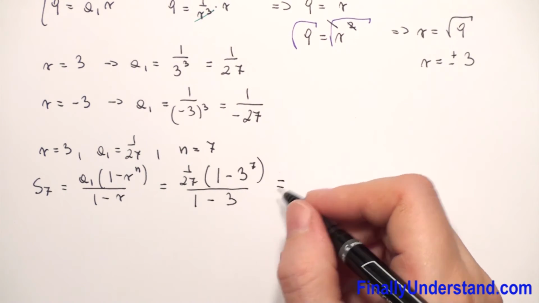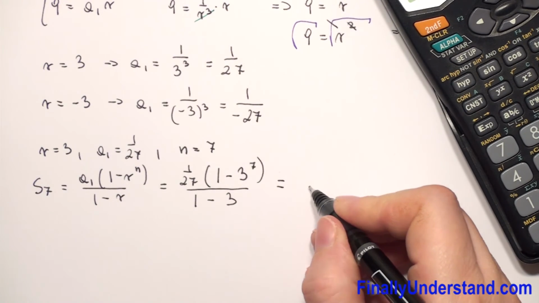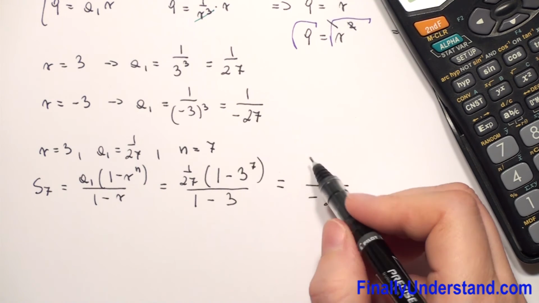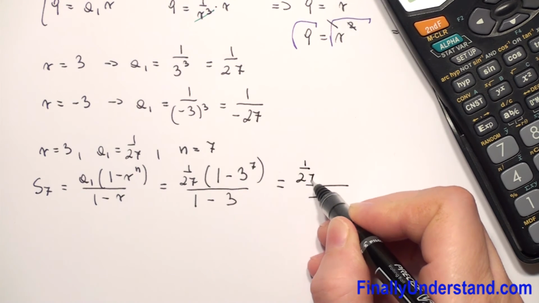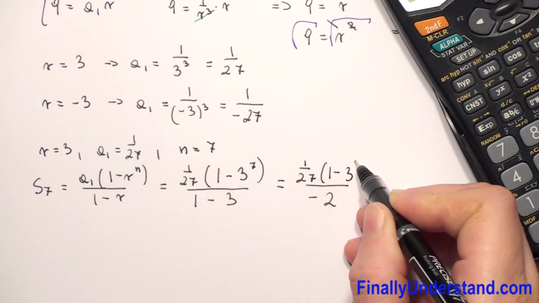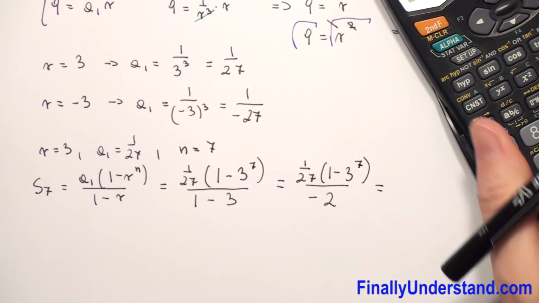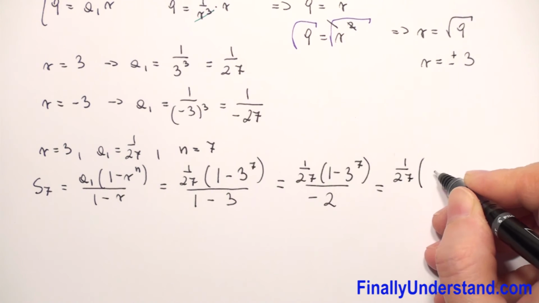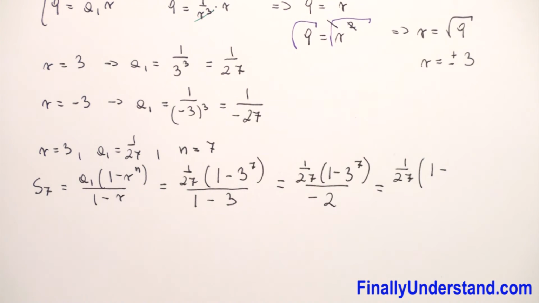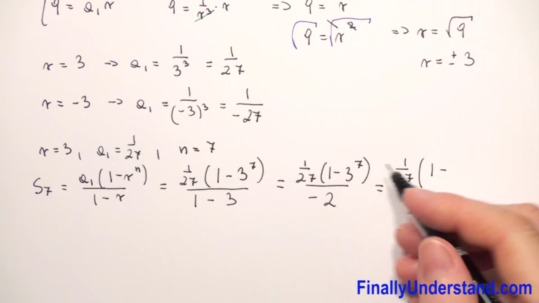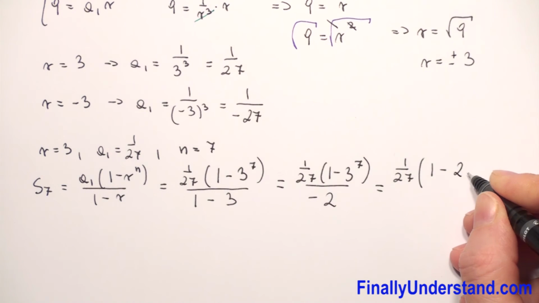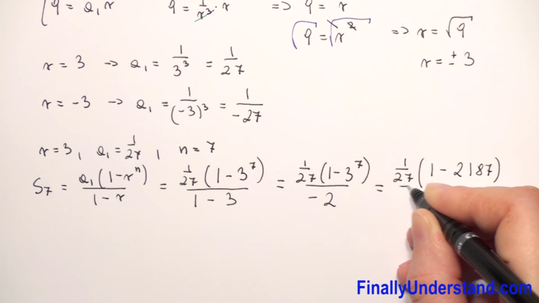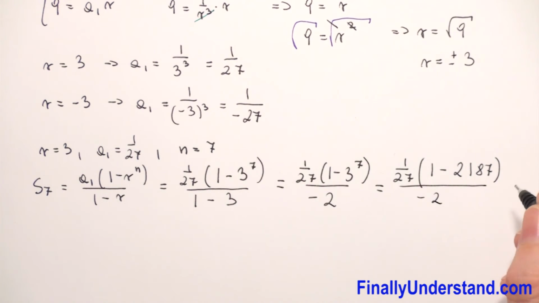So this is equal to, we can subtract in the denominator, so it will be 1 minus 3 is -2, and in the numerator we have 1 over 27 times 1 minus 3 to power 7. So this is equal to 1 over 27, and in parentheses we will have 1 minus 3 to power 7, which is 2187, over -2.